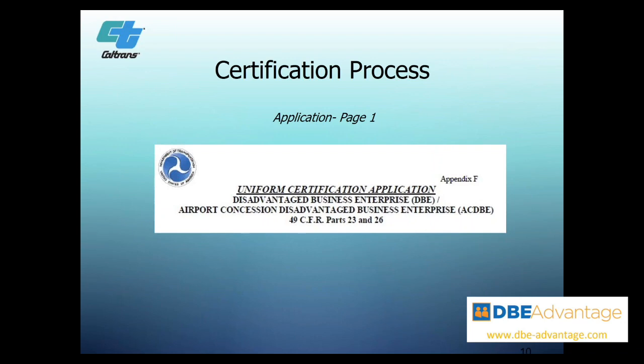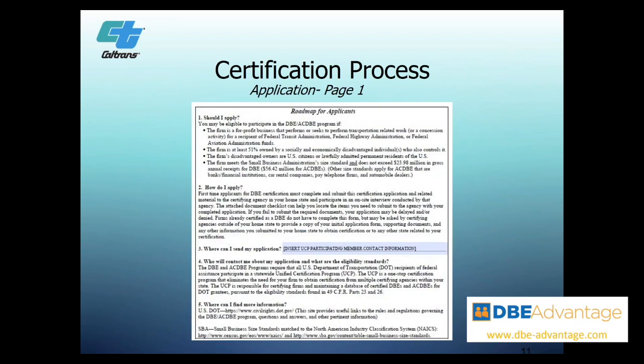Now, for most of you, you're going to be looking to the DBE portion of this, because unless you're pursuing a concession type application or certification with the airport, you would be focused on the DBE application. So a couple of quick things with regards to the application on page 1. I'm not going to read this to you, and I'm not going to make you read it, but generally it's what we just covered.